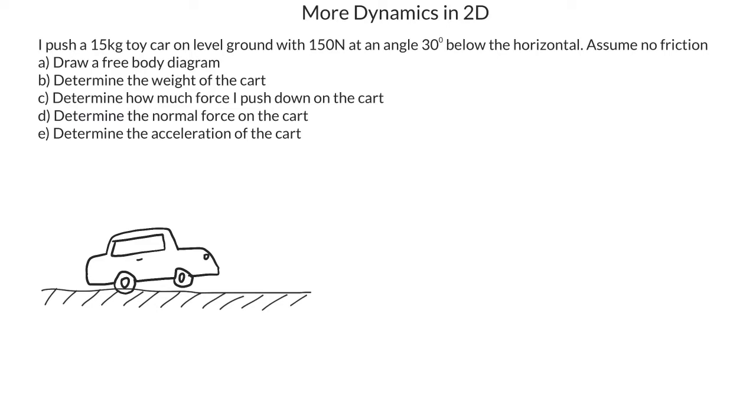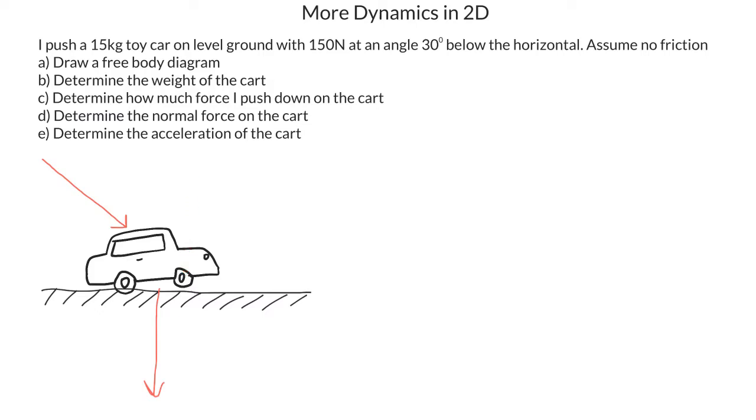Alright, so we have this force of me pushing down on it like this at an angle. We have gravity pulling down on the car, and then the car itself is not going to accelerate down into the ground. It's going to accelerate forward, so that means that there has to be a normal force going up.